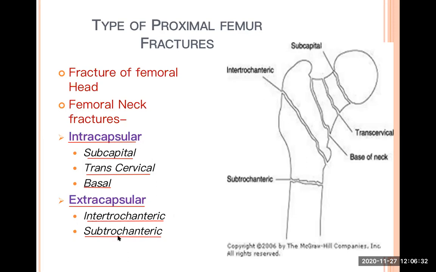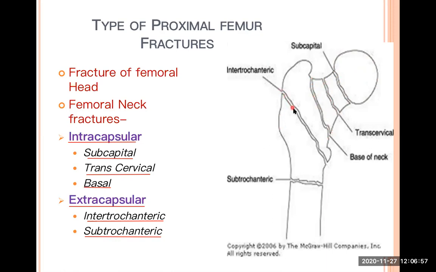So intertrochanteric and subtrochanteric are the important types of extracapsular fracture of the proximal part of the femur. Now let's focus on this picture, a highly informative one. This is the head of the femur. This is known as subcapital. This is transcervical fracture. This is basal fracture.